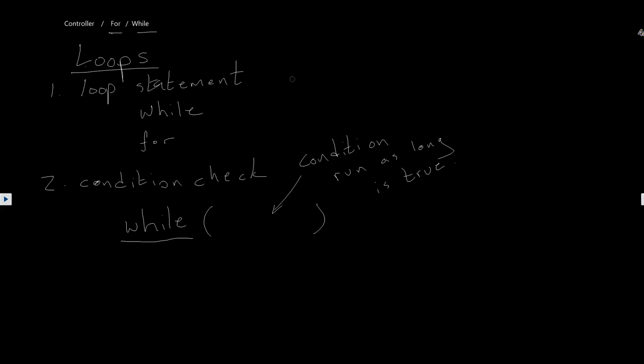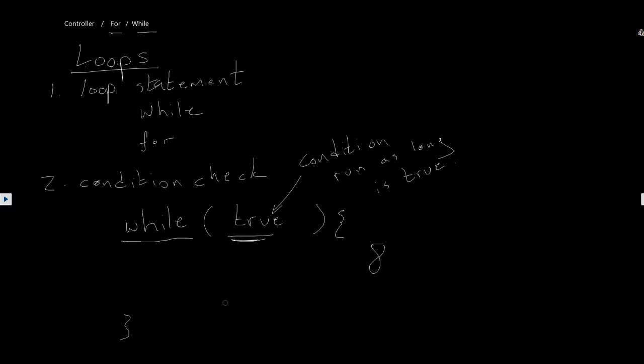What I mean by that is if I come in here and say while true, and remember that this is a Boolean value, not a variable or anything, then it is going to run forever. Whatever happens on the inside, it's going to be a continuous loop, an infinite loop, because true can never be false.